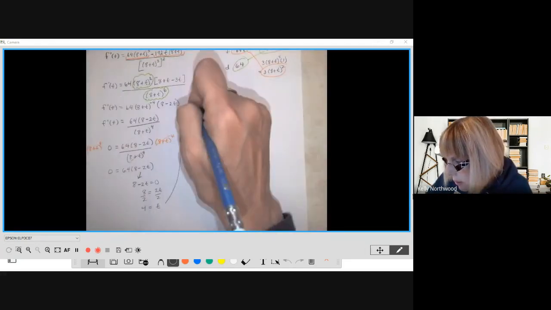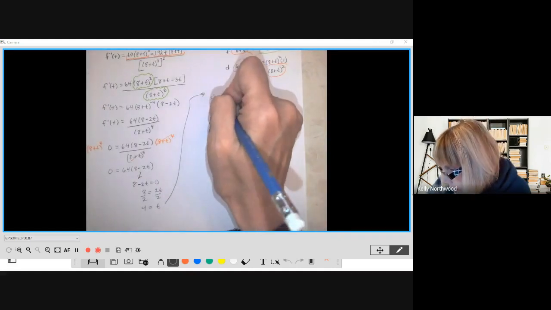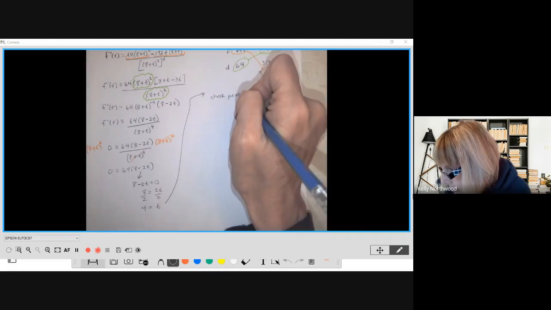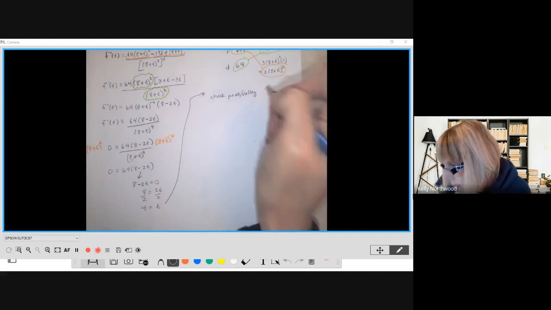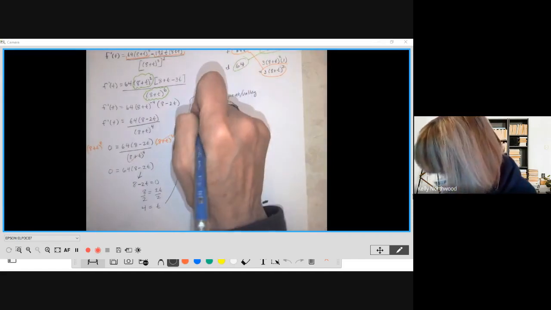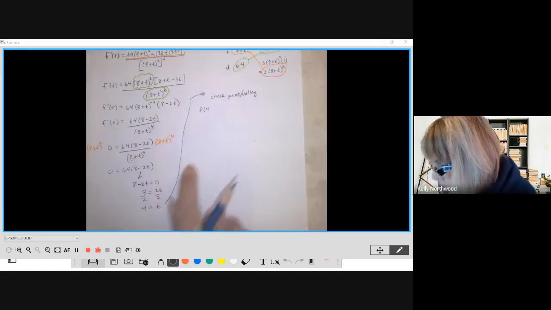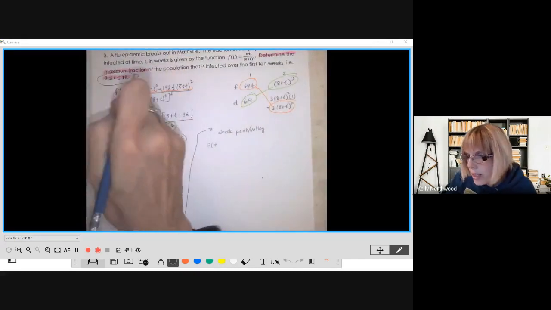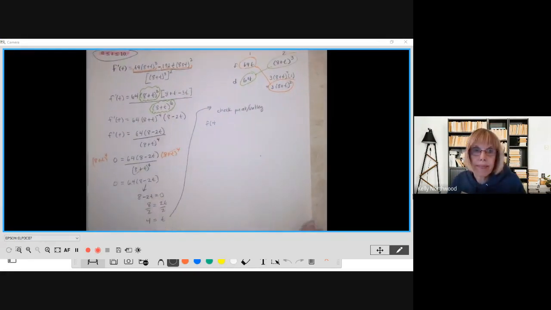I'm going to come up here. So I'm going to find f at 4. Oh, first I'm going to make sure 4 falls within my interval, which it does. It's between 0 and 10.